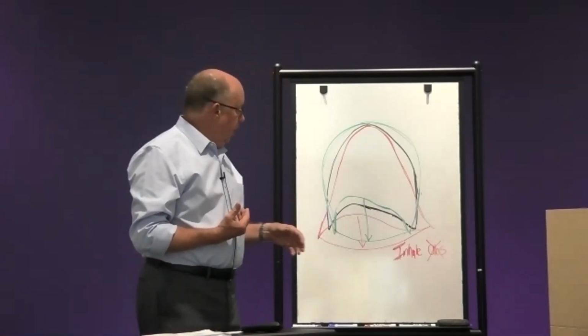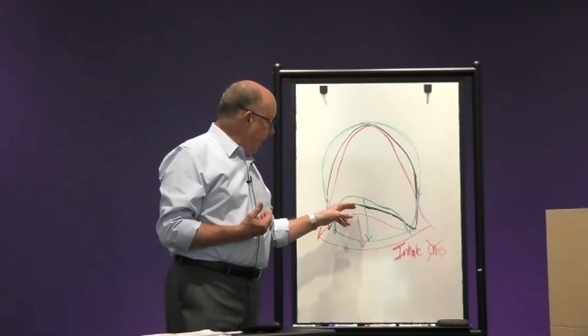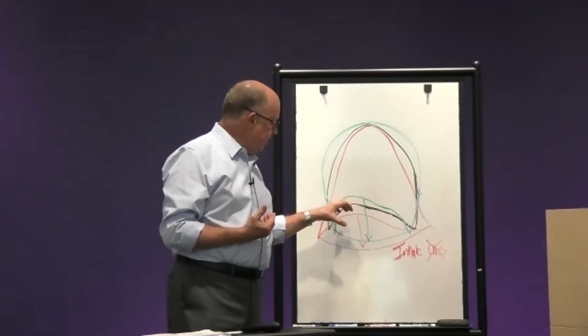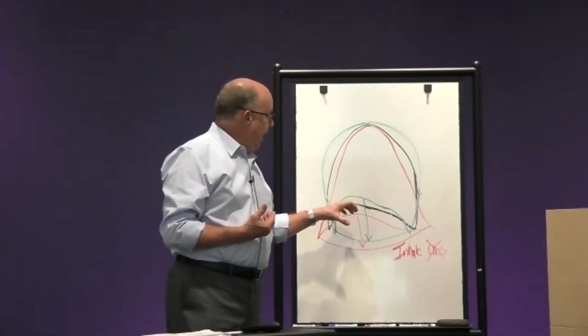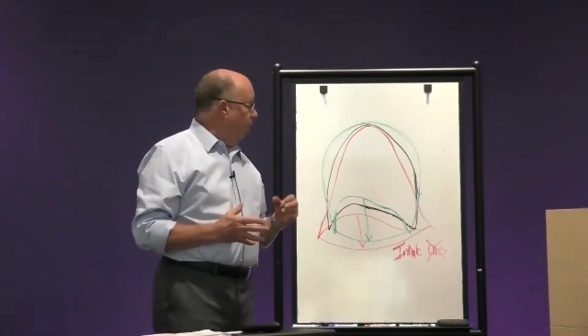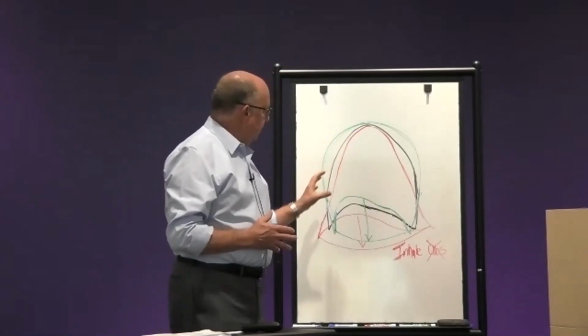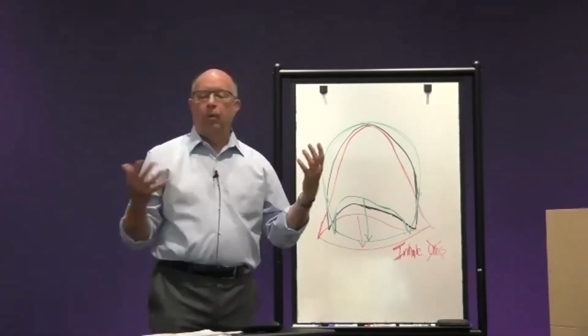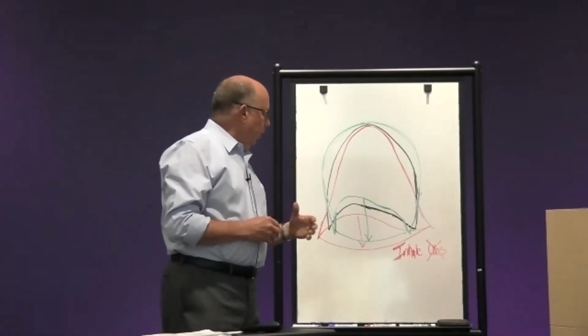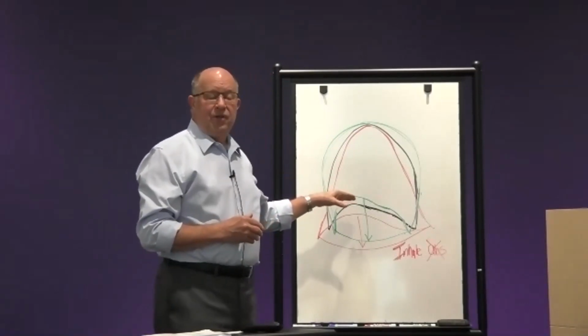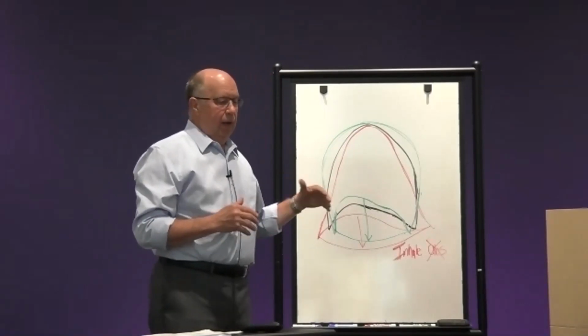I always draw the central tendon a little higher on the right side than the left side because of this organ called the liver, and because of the position of the chest wall. The black, and I know I've got a lot of lines up here, but Tom, the black is just a normal resting chest wall.